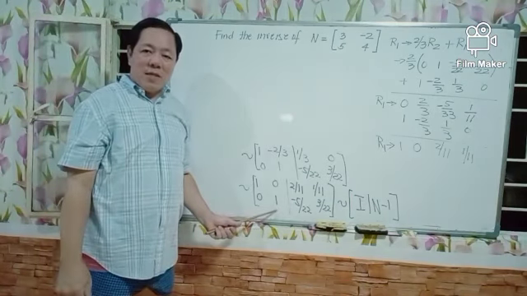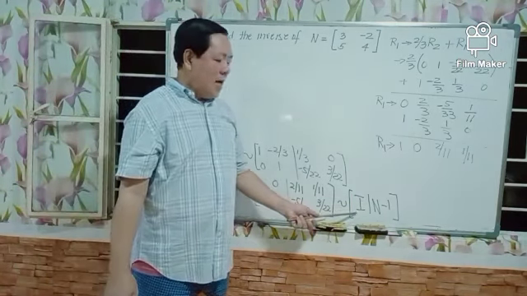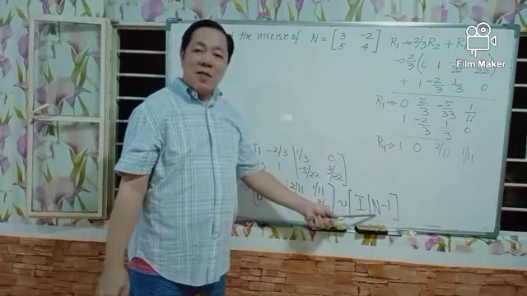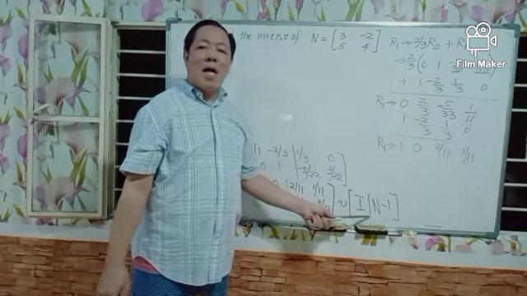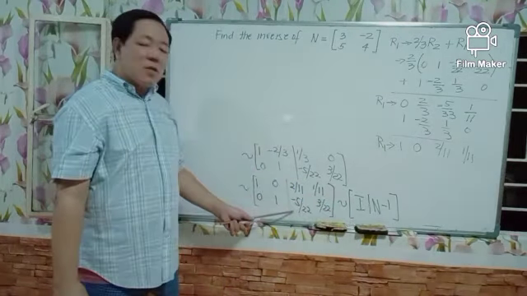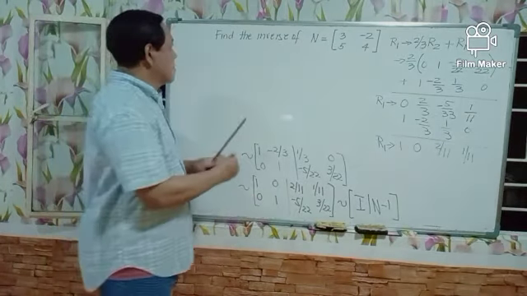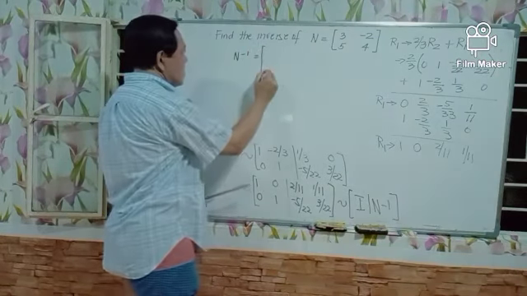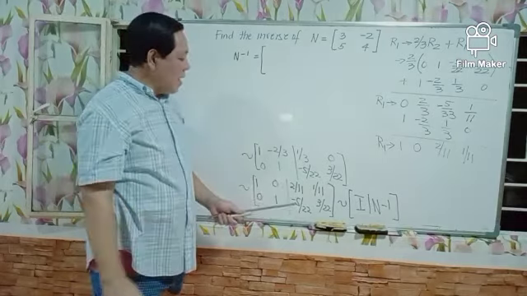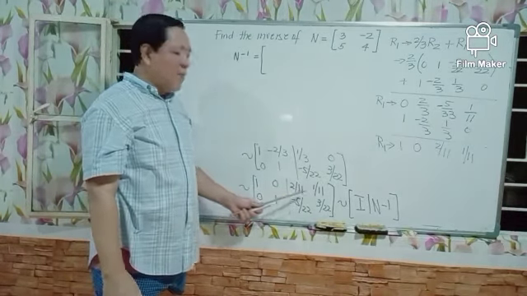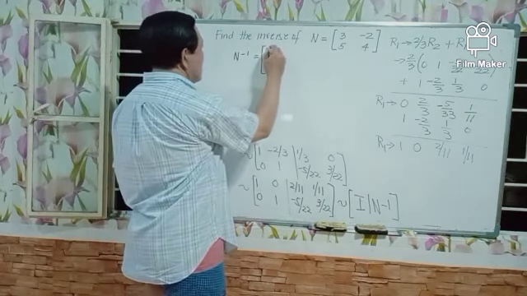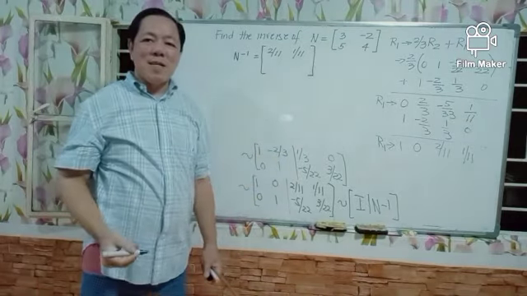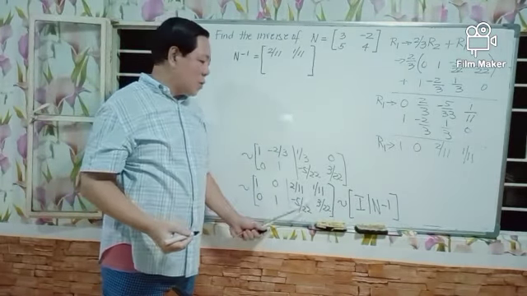Now you can see that this last matrix is of this form, identity matrix and the inverse of n. So the inverse of the given matrix n, denoted by n to the power minus 1, is the square matrix with these entries. Entries in the first row, 2 over 11, 1 over 11. Entries in the second row, negative 5 over 22, 3 over 22.